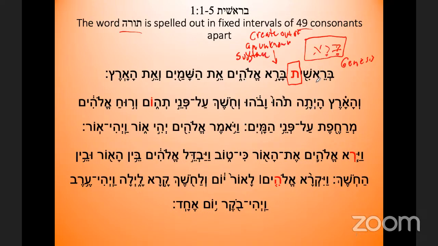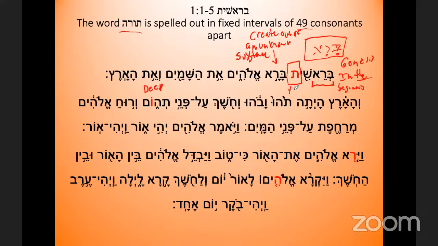But in the word Bereshit, in the beginning, we have at least the consonants also for bara. Bereshit is actually not definite, even though we give it a definite article. There's no definite article in the word. It's really like in a beginning. Anyway, so moving forward, and we count 49 consonants, we come to the word tehom, which is the deep.